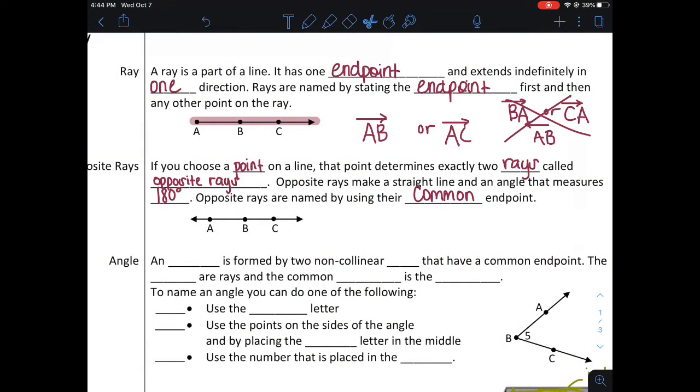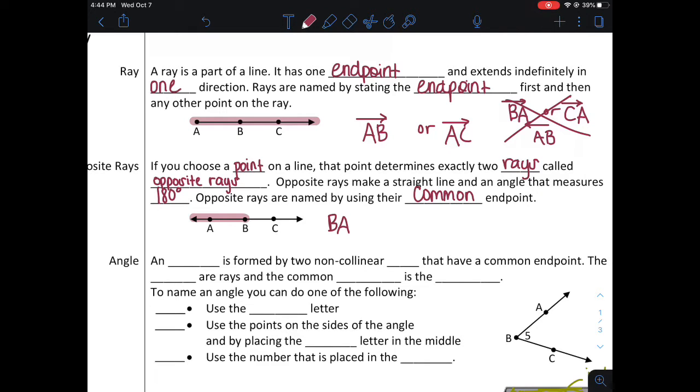If you choose a point on a line, that point determines exactly two rays called opposite rays. Opposite rays make a straight line and an angle that measures 180 degrees. Opposite rays are named by using their common endpoint. In this example, on one side, if we start from B, that's a ray called BA.